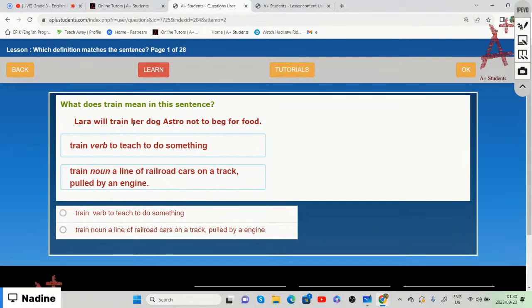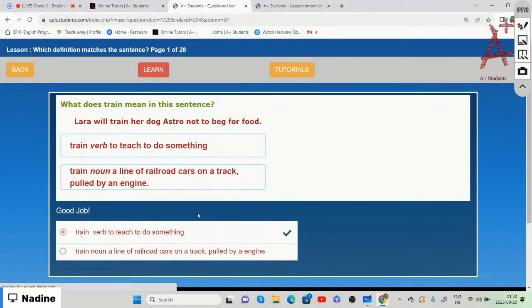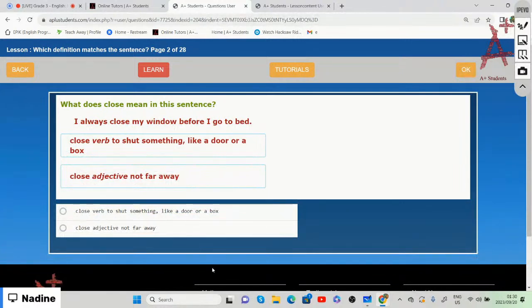All right, so if we want to choose the correct one when it comes to training her dog, then we can choose option 1. So that is to train. It's to teach your dog to do something.